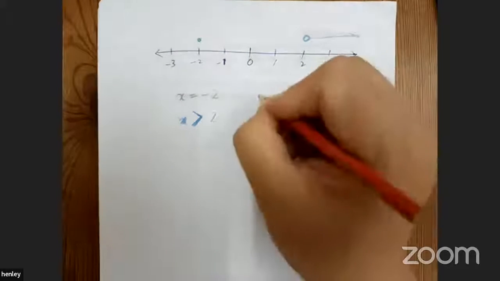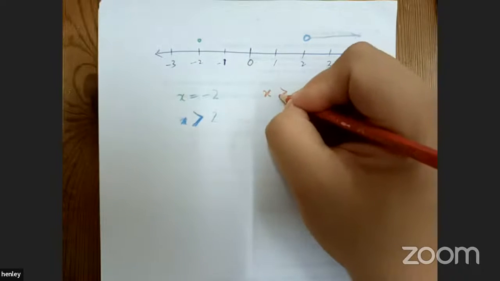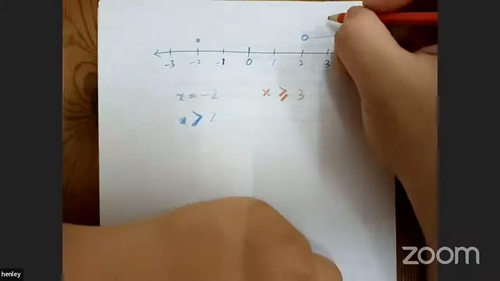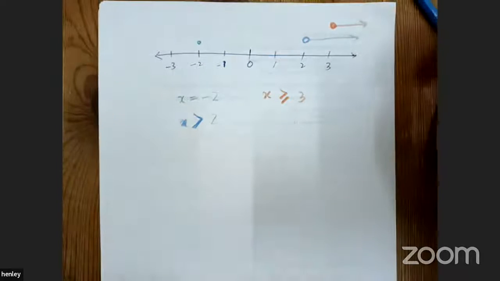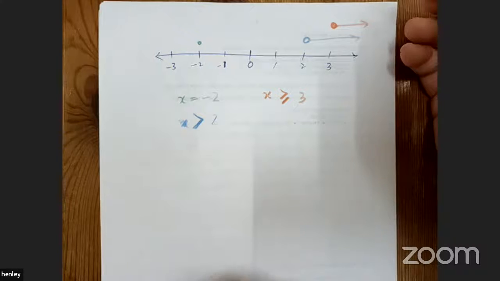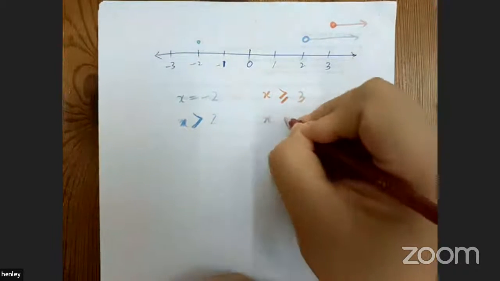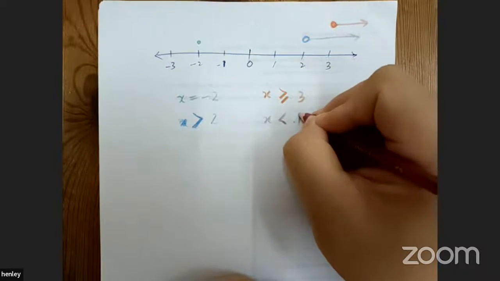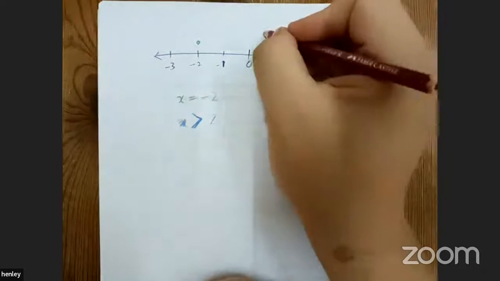If I say x must be larger or equal to 3, can you see this is equal? Then it will look like this, the closed circle, and go to the larger side. If I say x must be smaller than 1, it should be this one, 1, and then go this way.